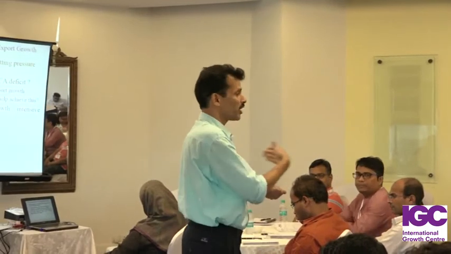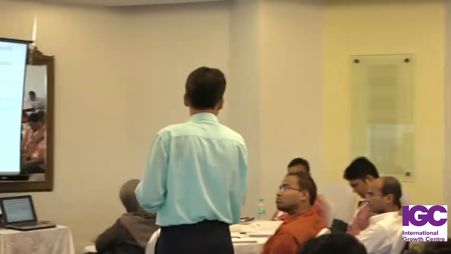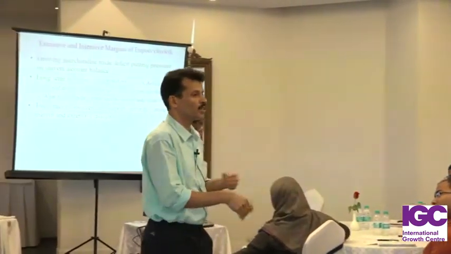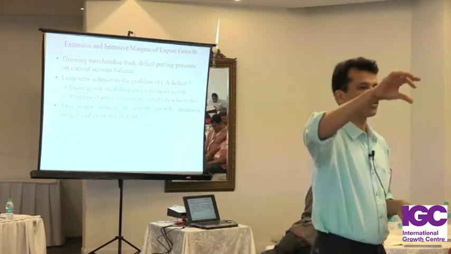That means you are introducing and exporting new products, and you are catering to new markets which you were not doing earlier. That is one way of growing, correct? Enter into new markets or start exporting new products. That is what is called the extensive margin.